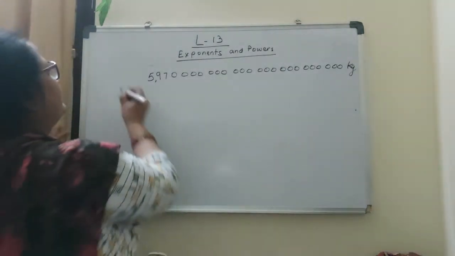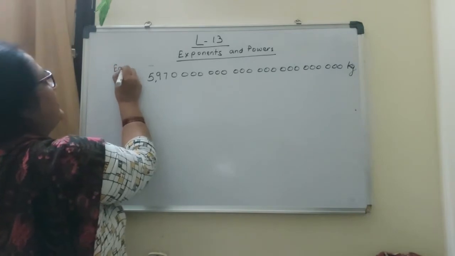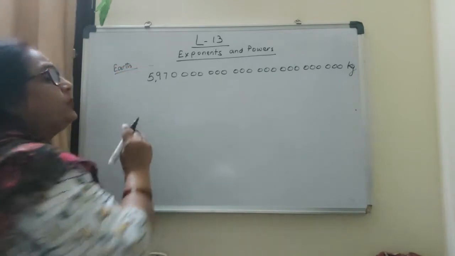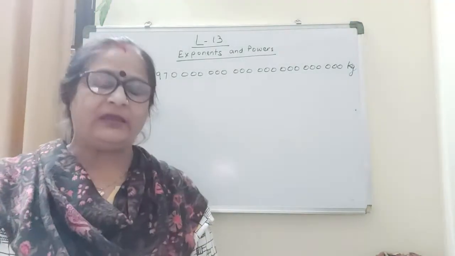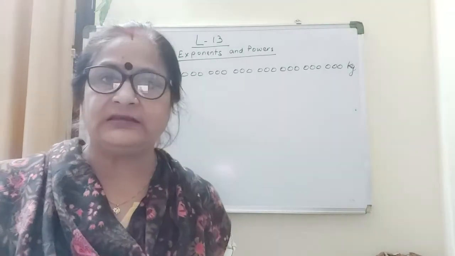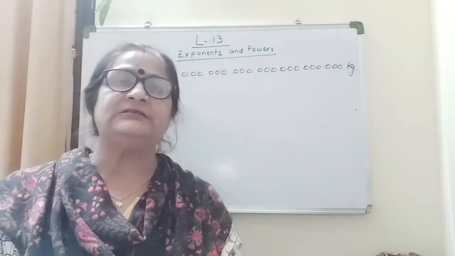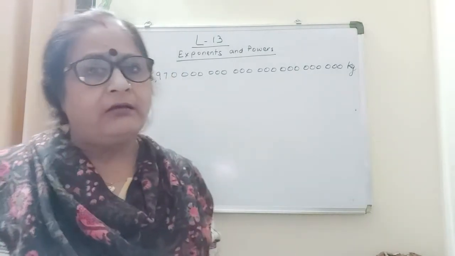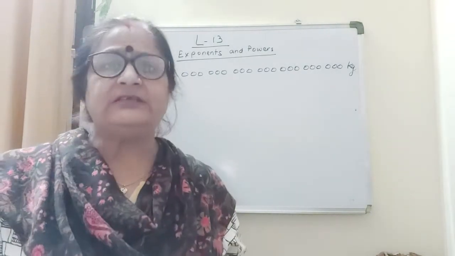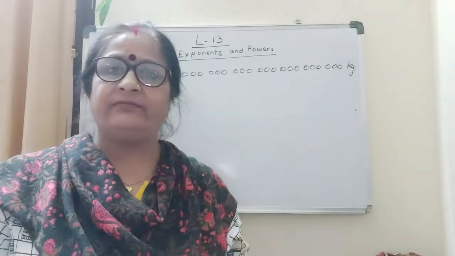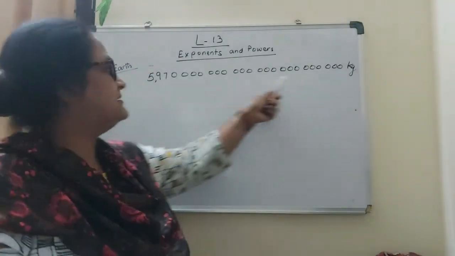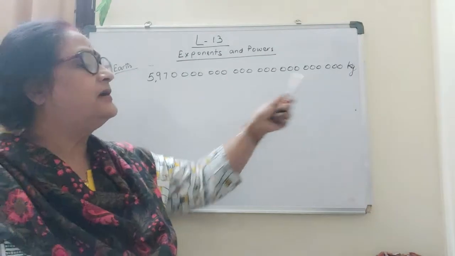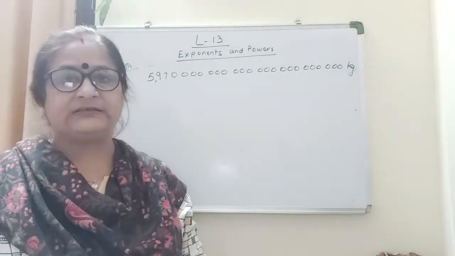This is the mass of Earth. How much does Earth weigh? You can say I weigh 30 kgs, 35 kgs, 25 kgs, 100 kgs, or 95 kgs, 78 kgs. But this is what Earth weighs.